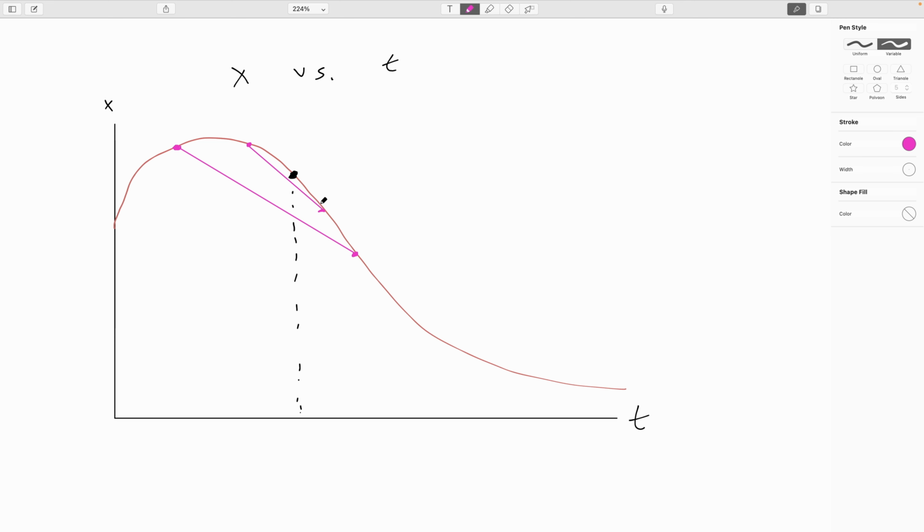And my next answer in my limit taking process would be the slope of that one, and so forth. So where is this heading to? Well, what we can imagine here is when I get to really, really fine intervals of time on either side, at some point to our eye, this is basically going to look like a straight line.